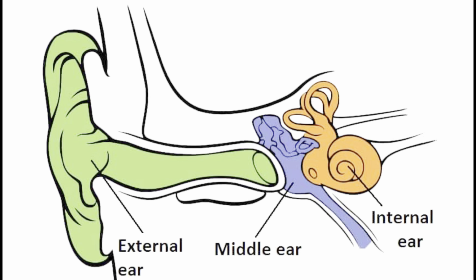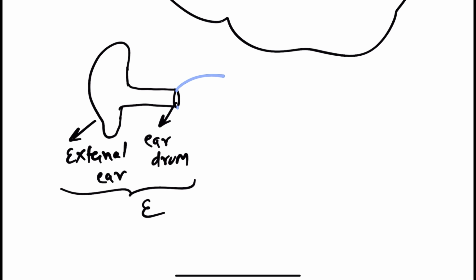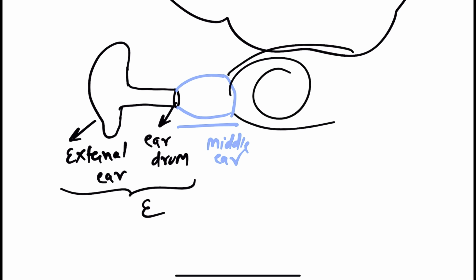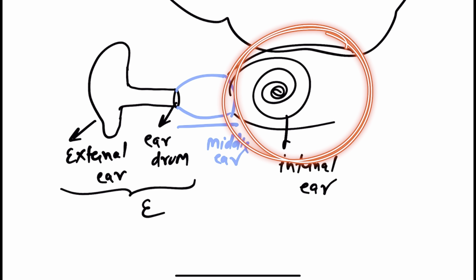So up to here we have external ear, and from that we have something called middle ear. This one is the middle ear, and from the middle ear emerges what? The internal ear. So this area is also responsible for maintaining the posture.